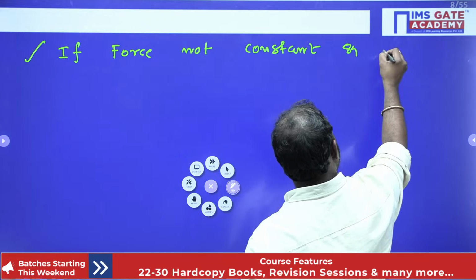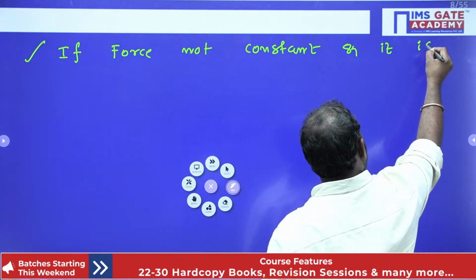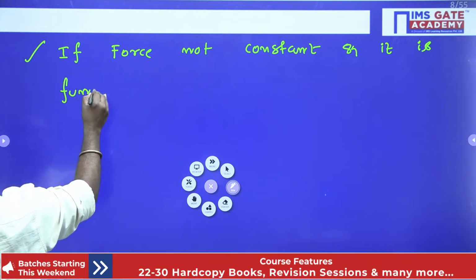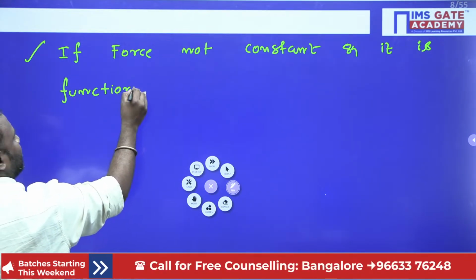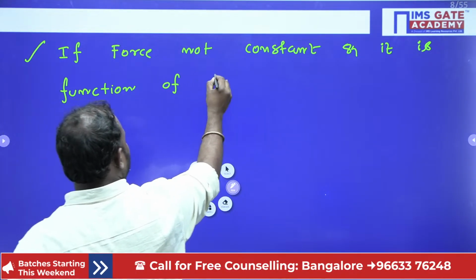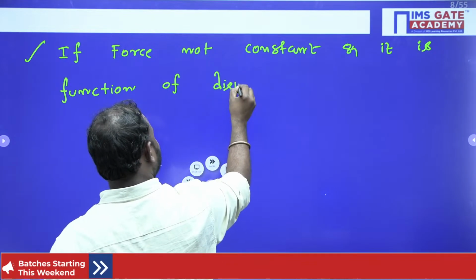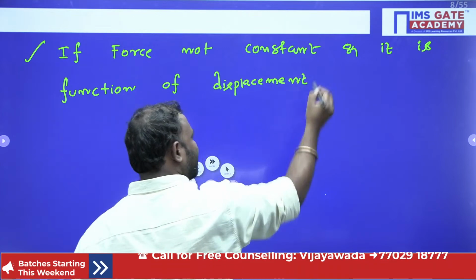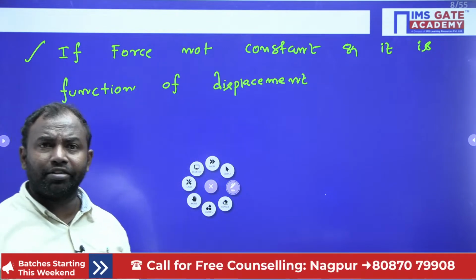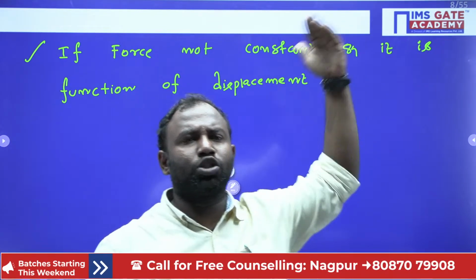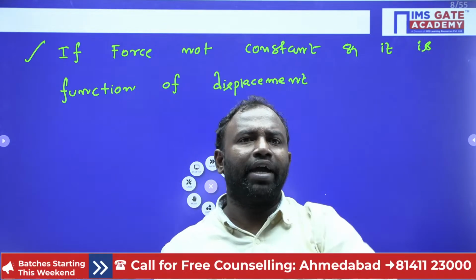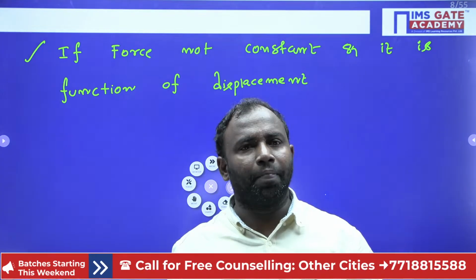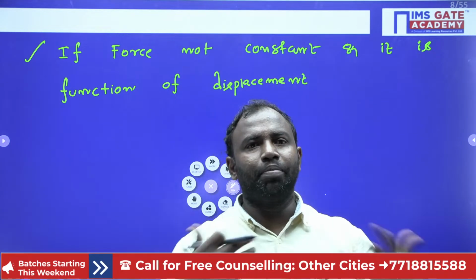Suppose they gave that F equals x square plus 2x plus x cube plus 4x to the power 4, like that. If they gave that, then the force is not constant now, so accordingly it is going to change.